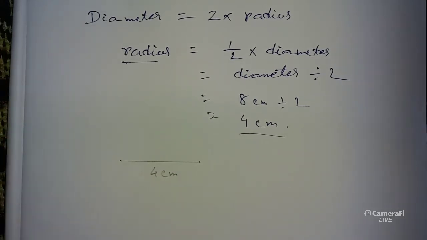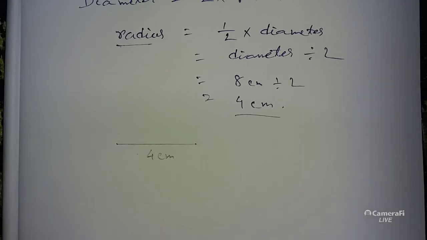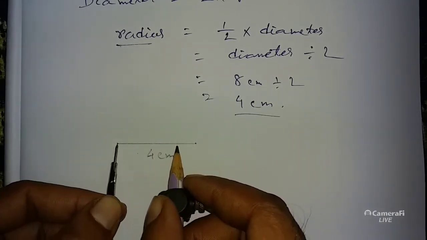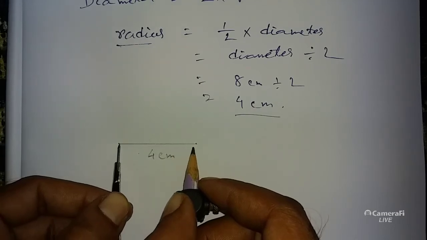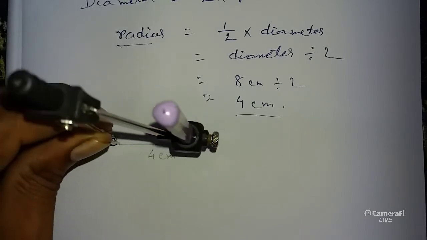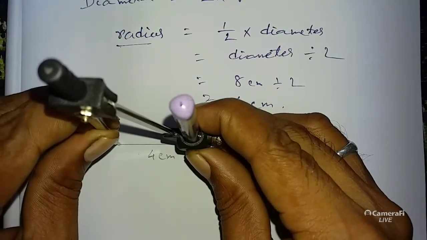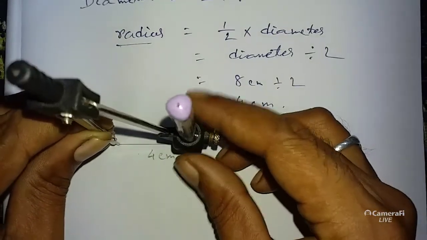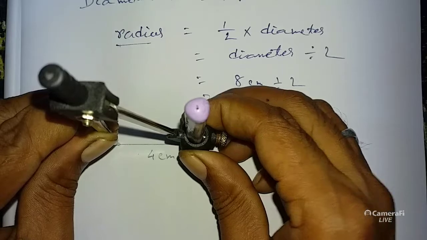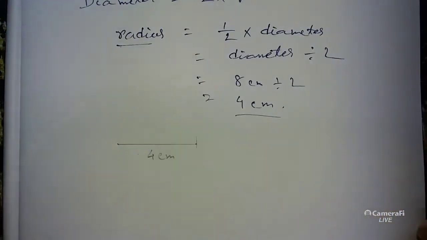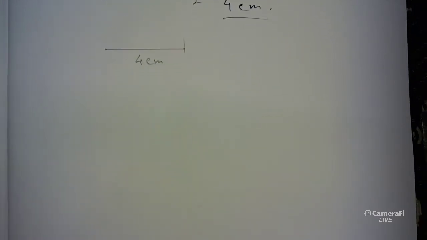Now, take this measurement of 4 centimeter in your compass, putting the needle at one point and the nib of the pencil at another point. Measurement is taken of 4 centimeter. Now, we will draw the circle.